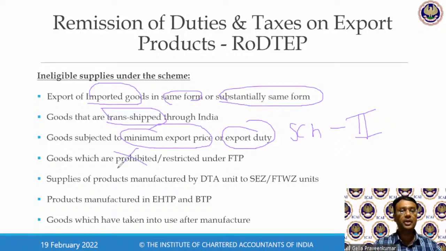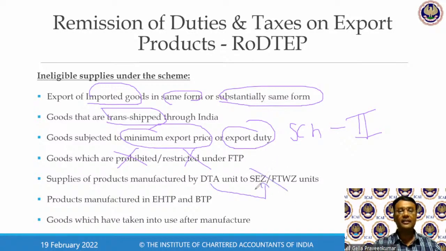And for goods which are prohibited for export or which are restricted, I cannot claim the benefit. Then, supply of goods manufactured by a DTA unit and supplied to SEZ or FTWZ.